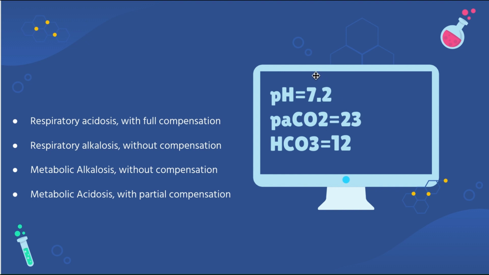That means to make it more basic, or bring it back to its reference range. So in this case, the metabolic acidosis has a partial compensation, which is the PaCO2 decreasing itself to compensate for the acidity of the blood.